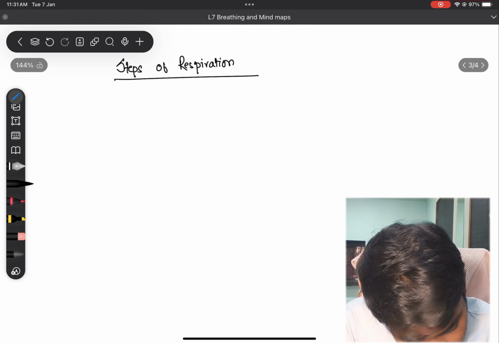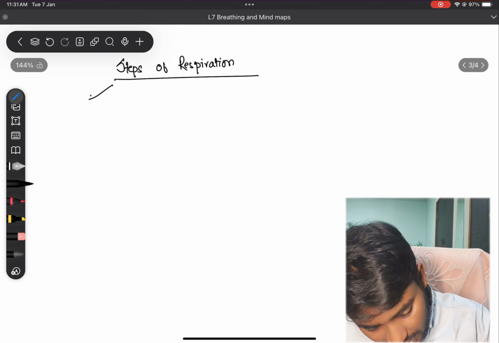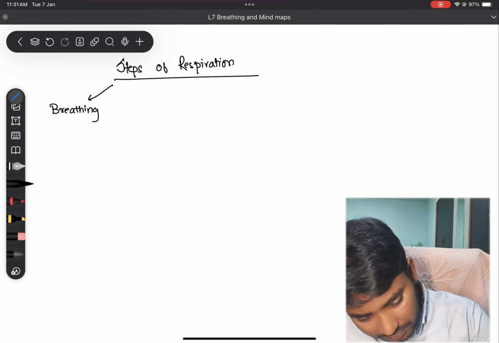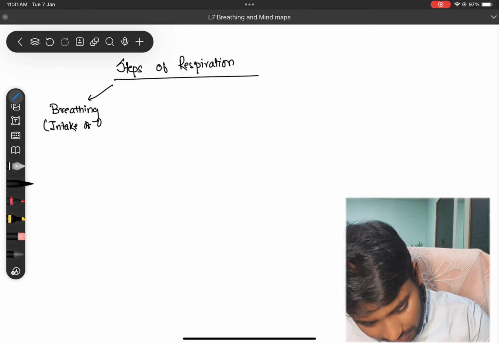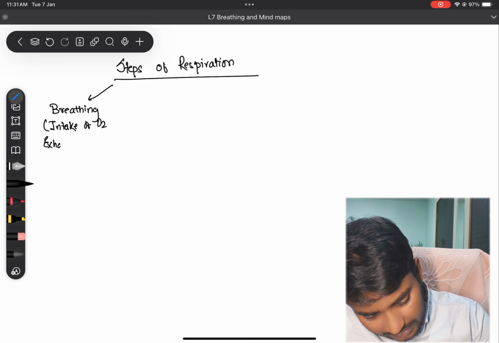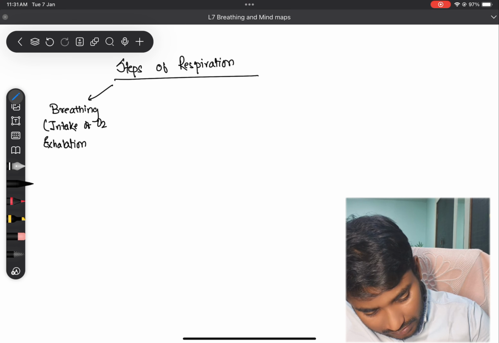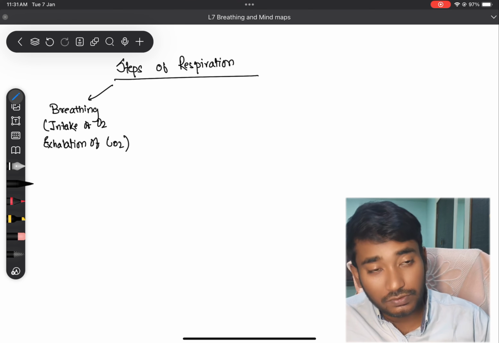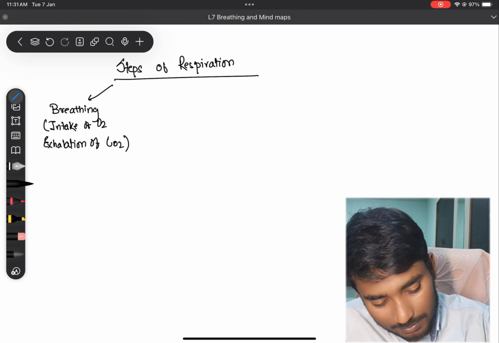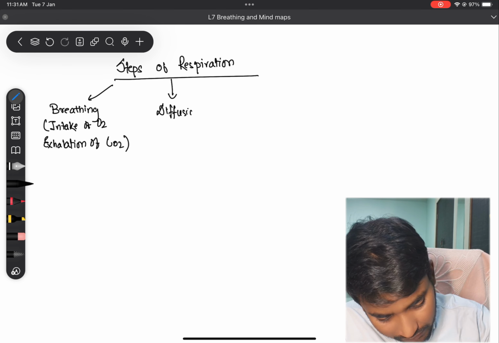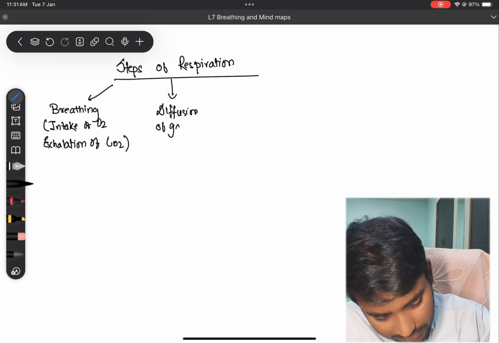The first one is breathing, that is intake of oxygen and exhalation of CO2. Now the next is diffusion of gases.